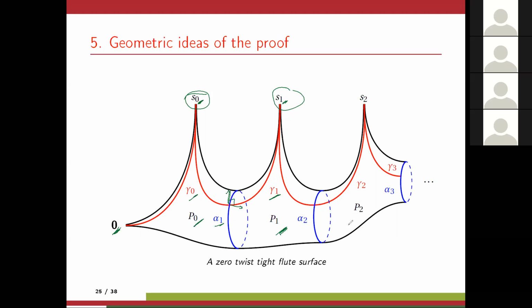Now I'm going to draw another special geodesic. This geodesic is gamma 2, having endpoints the punctures S1 and S2. Again, this one is special because gamma 2 and alpha 2 are orthogonal. Both are orthogonal.